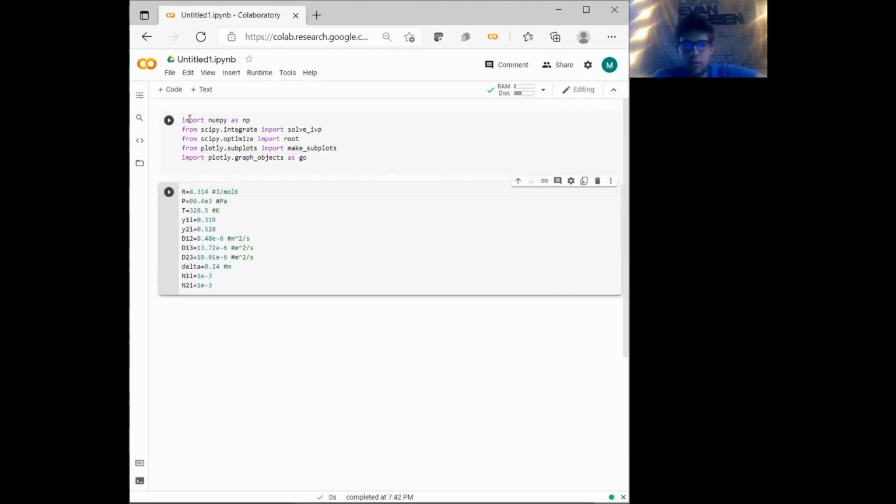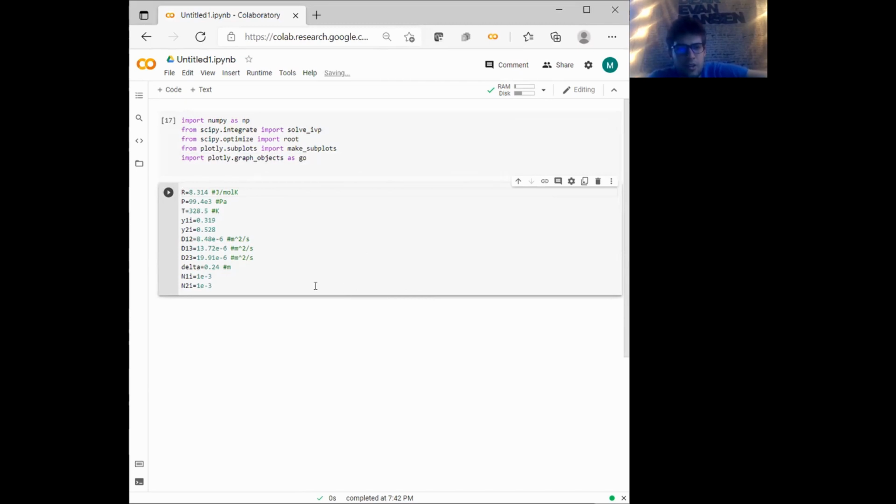So knowing that, we are going to go down here to our given information. This is actually the information given in the problem. The only thing I did is I converted units from millimeters squared per second to meters squared per second for all these Stefan-Maxwell diffusion coefficients.